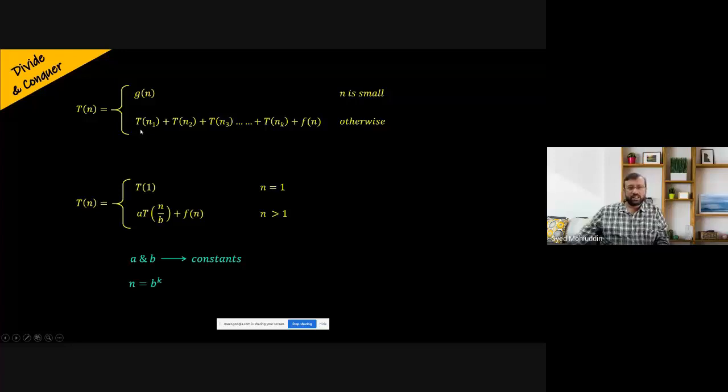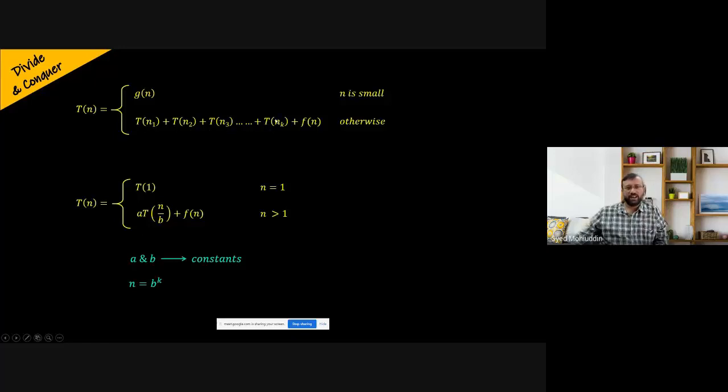We are trying to divide this problem using some constant b. All these are summed up, and let us say there are a calls to the recursive function.